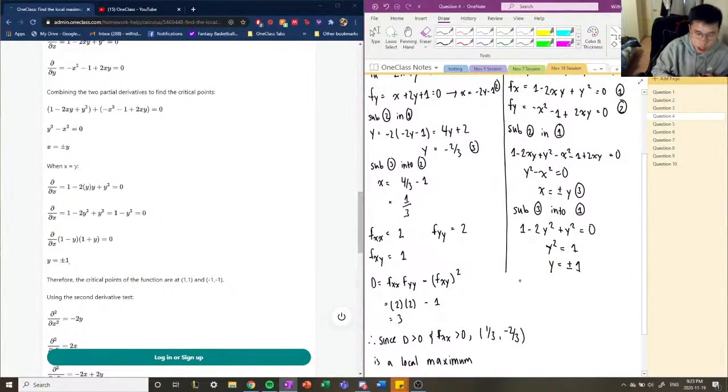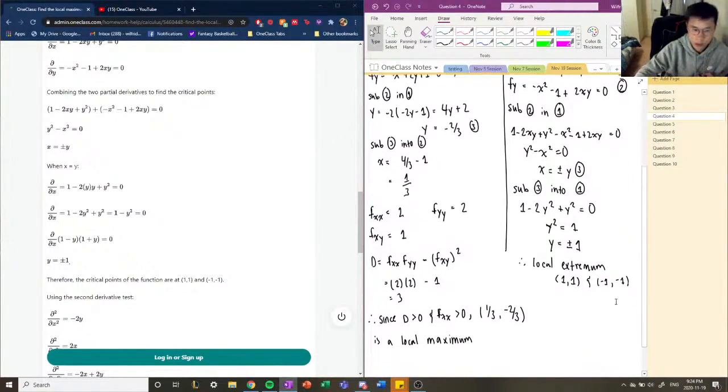So we found our local extremum. Since there's multiple, I'm just going to write it out in a therefore statement. It's going to be (1, 1) and (negative 1, negative 1). Okay, cool.